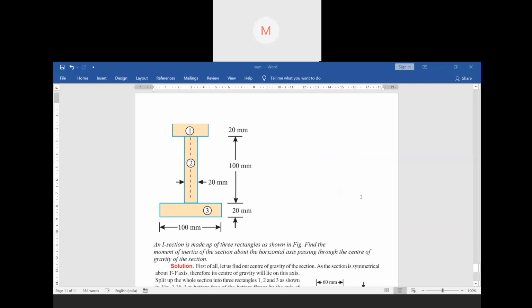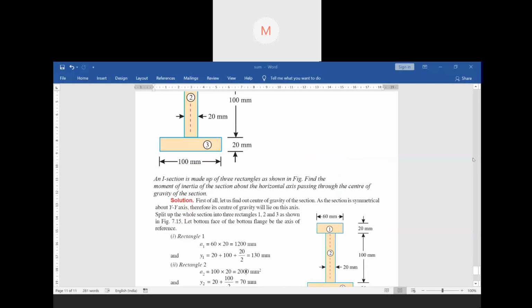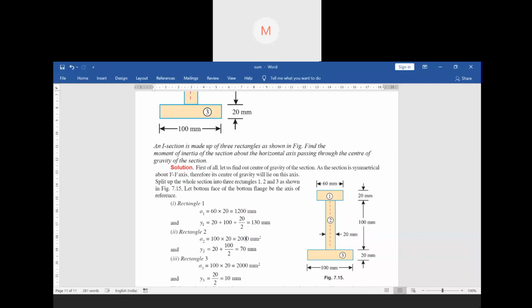Mu is asking about center of gravity, right? Yes, it is center of gravity. But they have assumed it differently. I told you, initially I asked you to do it in this manner from here. Now you can do it with the axis passing through this also, but then it will be a bit different.